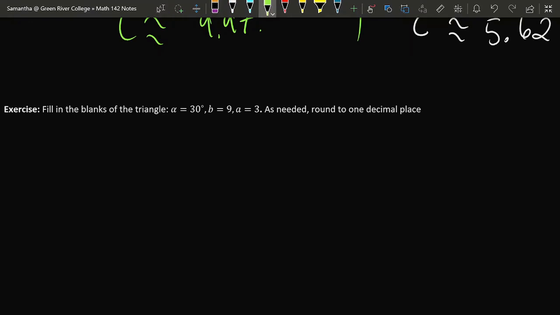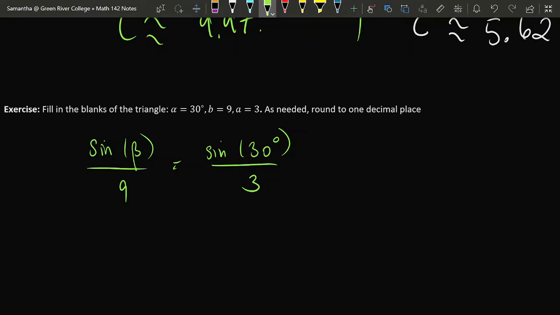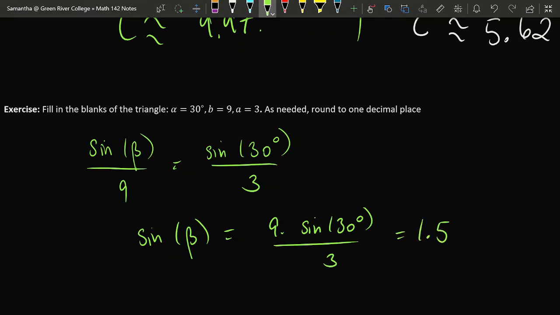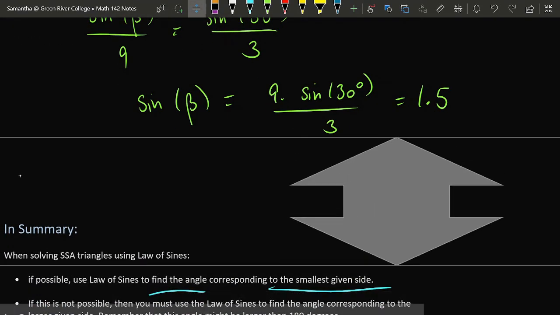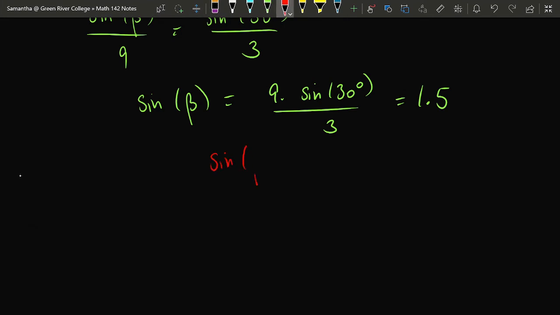So in this case, if I tried to set up sine of beta over b equals sine of 30 degrees over a, then I get sine of beta equals 9 times sine 30 degrees over 3 units, and the decimal approximation for that is equal to 1.5. So this is a situation where I'm asking sine to output a value of 1.5, and so this is not possible.